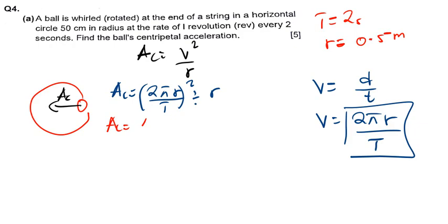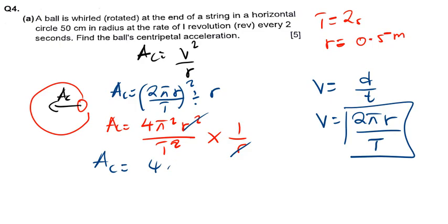If I square it, 2 squared is 4, pi becomes pi squared, r squared divided by t squared. Then I multiply by 1 over r, so one r can go and I remain with one r. So a_c will be equal to 4 pi squared r divided by t squared.